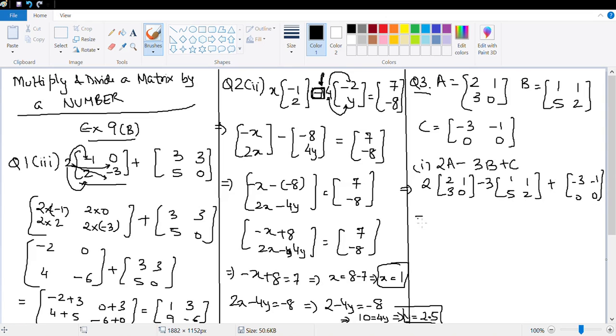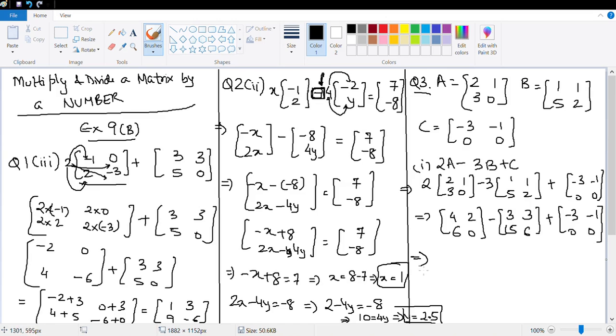Let's multiply. So inside I get 2 into 2, 4, 2 into 1, 2, 2 into 3, 6, 2 into 0, 0. Minus, like I said, I leave the negative sign unchanged. So 3 into 1, 3, 3 into 1, 3, 3 into 5, 15, 3 into 2, 6, plus -3, -1, 0 and 0.